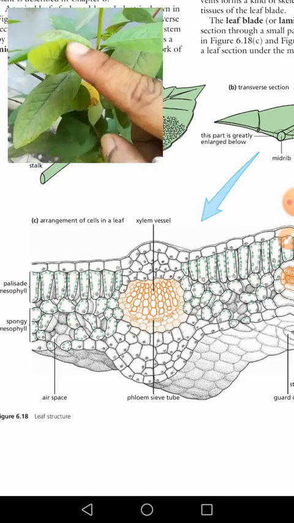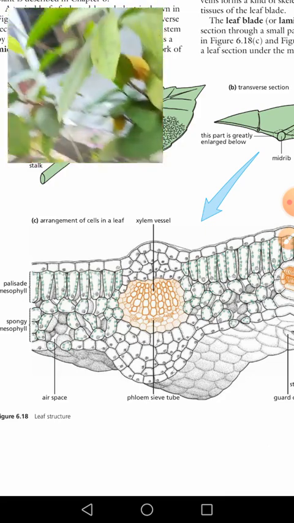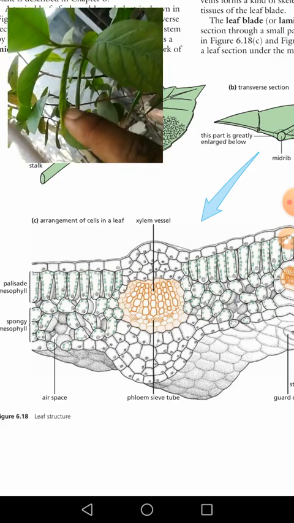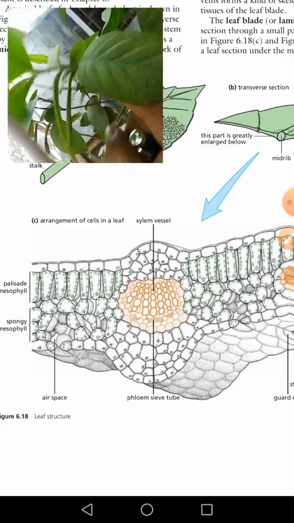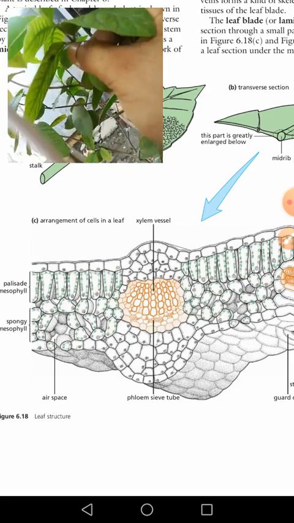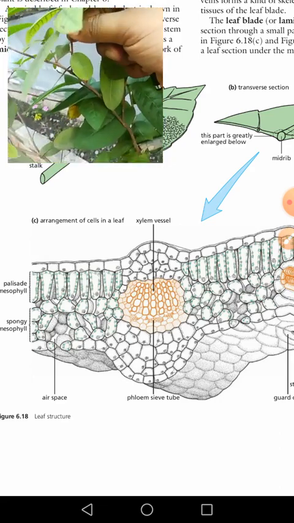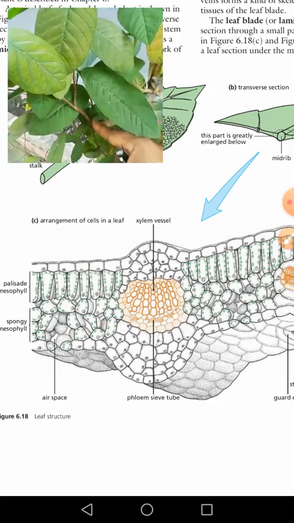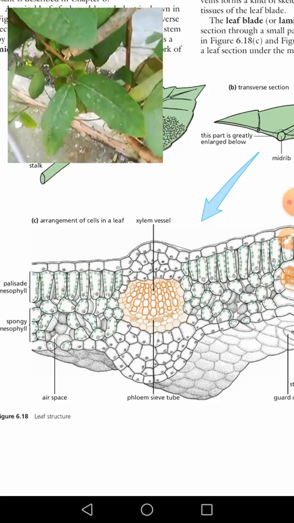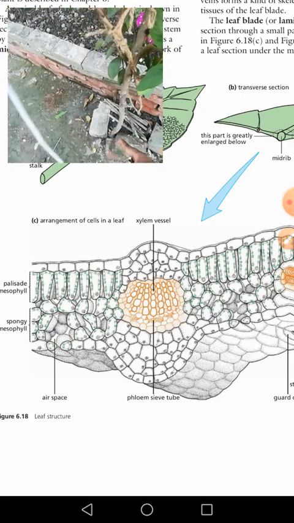From the leaf, xylem and phloem are attached with the bark, or the branches, and go all the way down to the root.